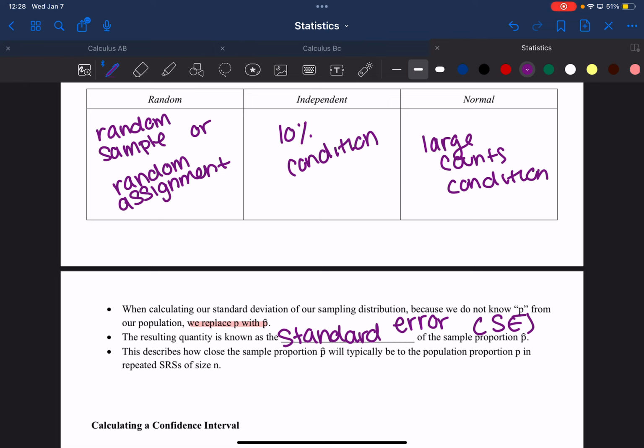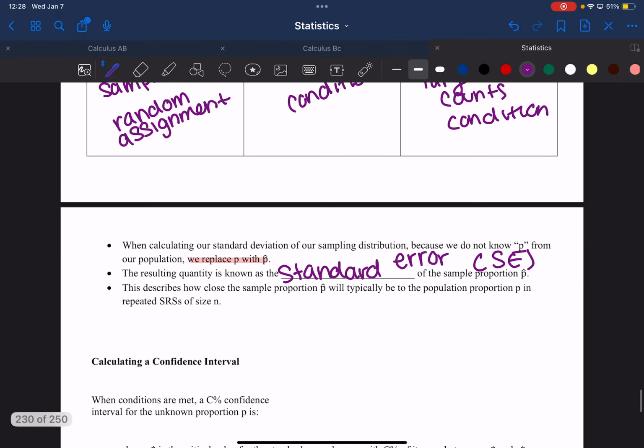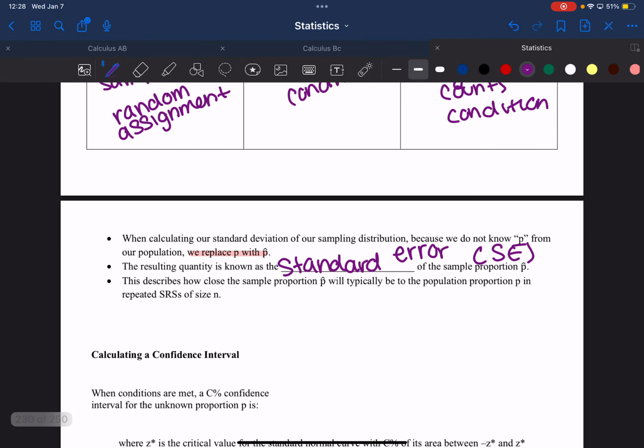Okay. This describes how close the sample proportion p hat will typically be to the population proportion p, related to an SRS of size n, so simple random sample. Meaning if we were to do this multiple times, we would expect this type of error. Okay, because they're not all going to be exact. It has its own formula.